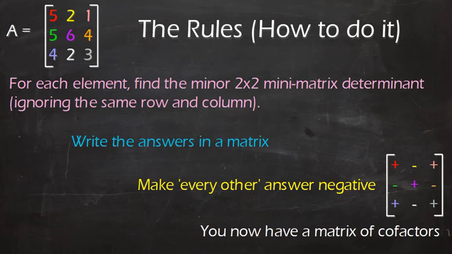What we do next is write the answers in another matrix. So for a 3x3 we're going to end up with 9 cofactors. Then every other cofactor has to have its sign changed. So if it turns out as plus, we need to make it negative, and if it turns out negative, we need to make it plus. And then you'll end up with a matrix of cofactors. So let's have a look.